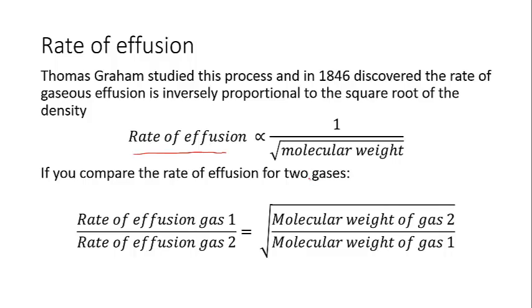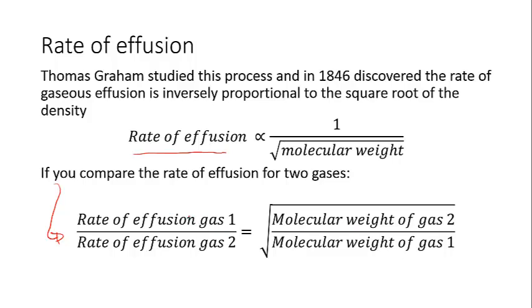Now, if you compare the effusion of two gases from the same container at the same temperature and pressure, their effusion rates are given by the inverse ratio of the square roots of the masses of the molecular particles. So this equation would be as follows. If you wanted to compare the rate at which gas 1 effuses to the rate at which gas 2 effuses, this would be equal to the square root of the molecular weight of gas 2 divided by the molecular weight of gas 1.